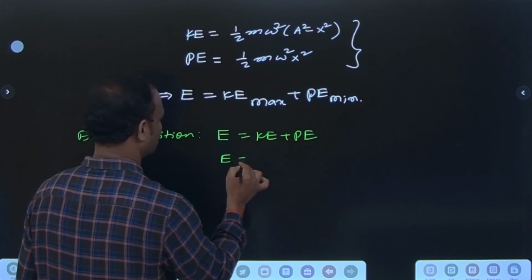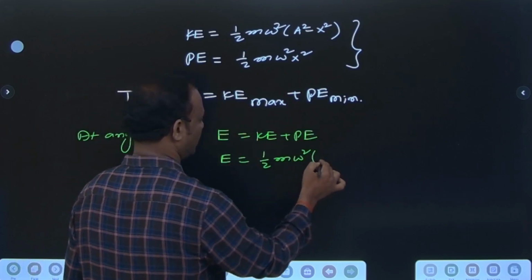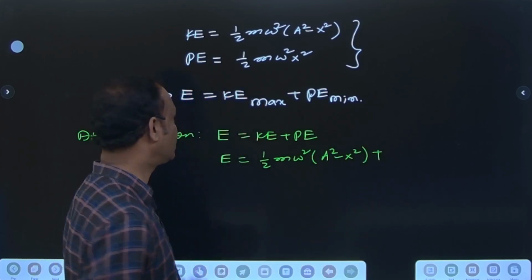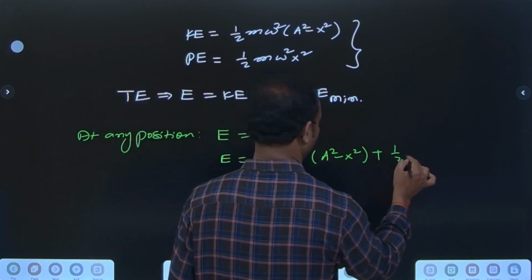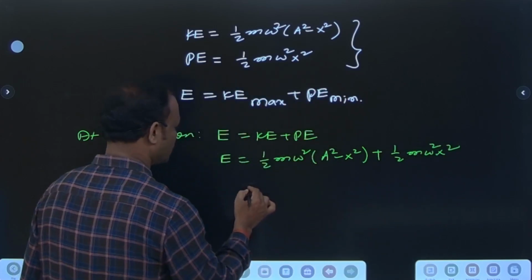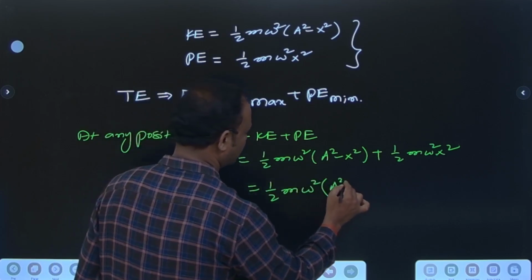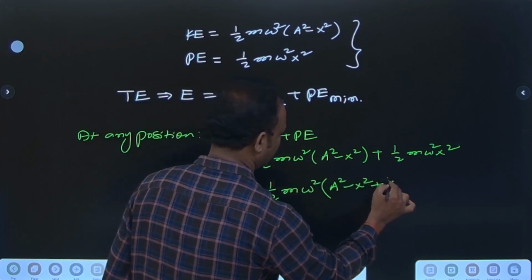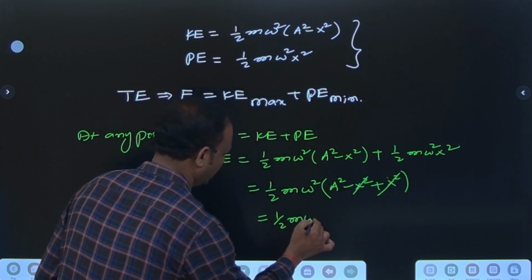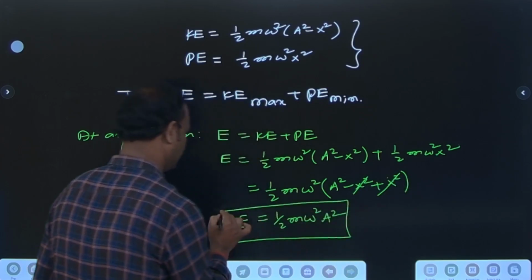E is equal to half m omega square times a square minus x square plus potential energy half m omega square x square. So this is half m omega square common, a square minus x square plus x square. These two will cancel. This will be half m omega square a square, the total energy.